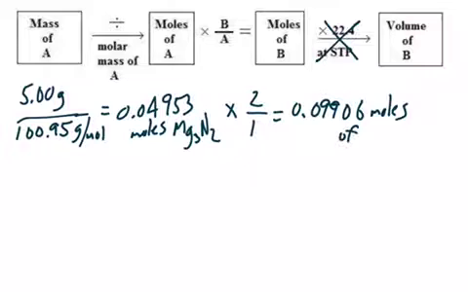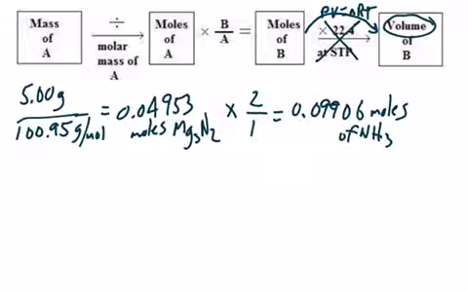B is ammonia. Here's what we got to do though. We cannot use 22.4. So what we need to do to go from moles to volume is use PV equals nRT, in other words, the ideal gas law.